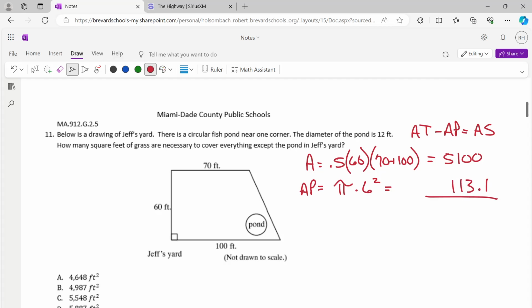And we're going to subtract. So 5,100 minus 113.1, 4986.9. And that's 4987 right there.